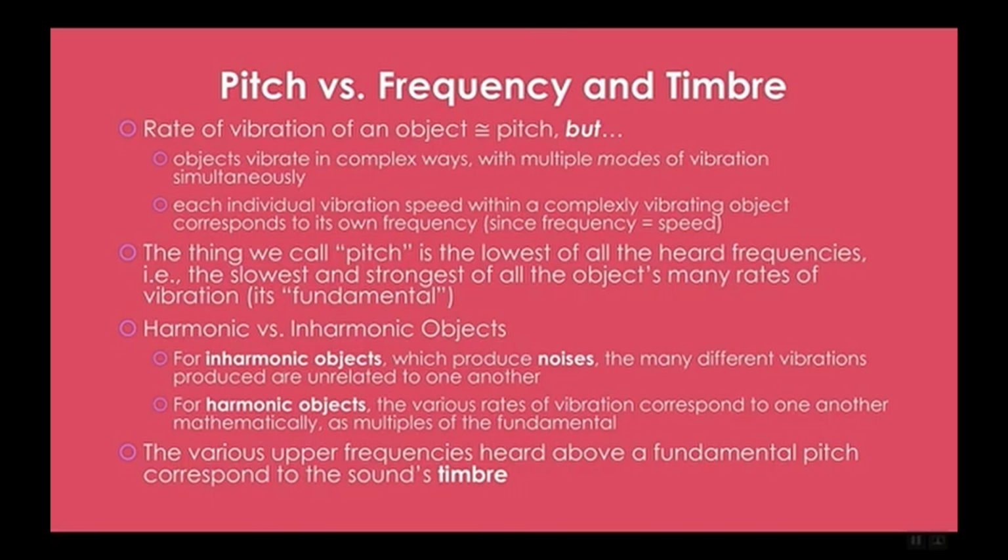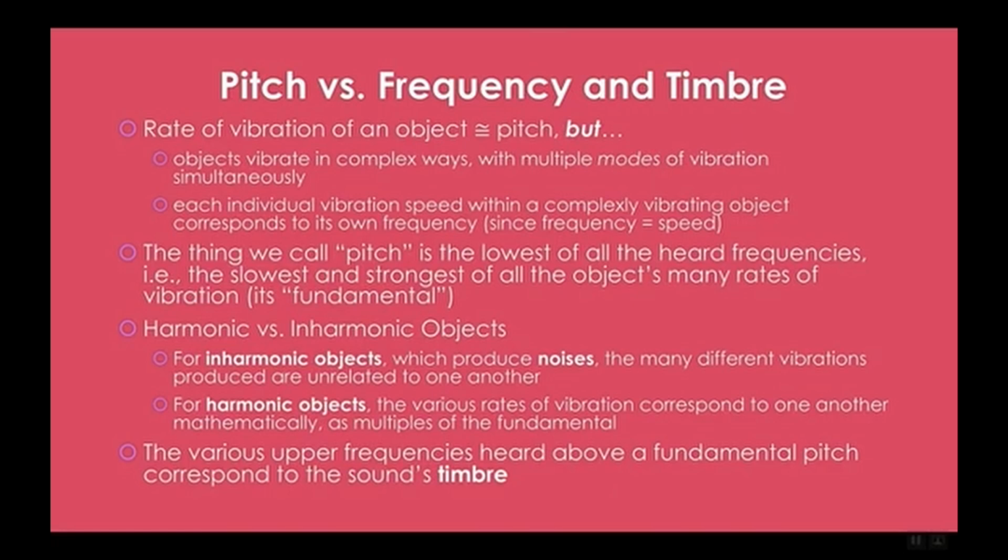For harmonic objects, the various rates of vibration correspond to one another mathematically as multiples of the fundamental. You do not have to completely understand that right now. You'll probably understand it a little bit better over the next couple weeks. The basic idea is, you set an object in motion, it could be a rock, a string, a flute.